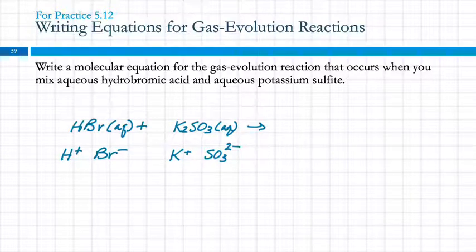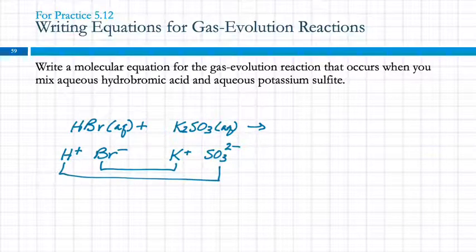And then predicting products, it's always a good idea to start with just exchanging ions, swapping ions. Say, well, what happens if we put the H+ with the SO3 and the Br- with the K+? Again, we always have to have the positive ion first and the negative ion second. Tradition.